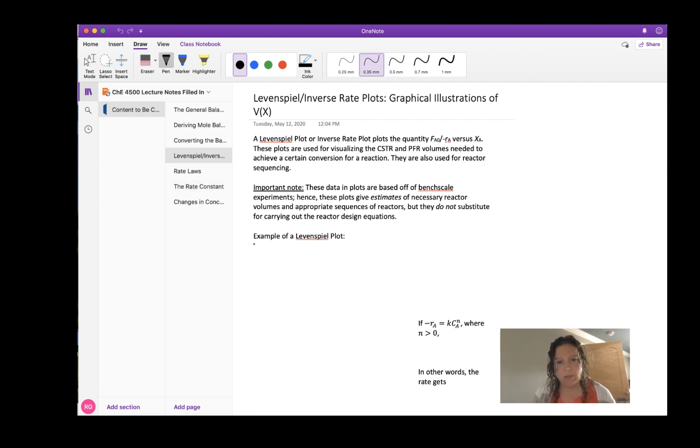So an example of a Levenspiel or inverse rate plot: basically I have a graph, and on this axis I plot the quantity FA0 divided by minus rA.